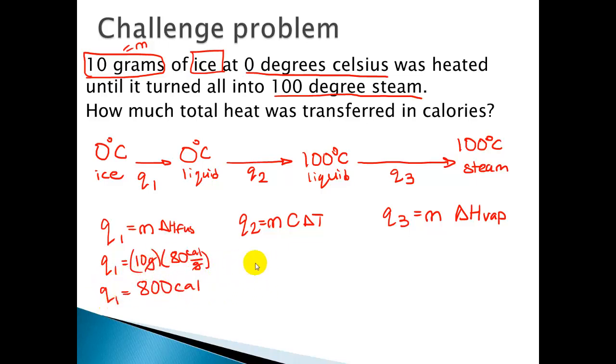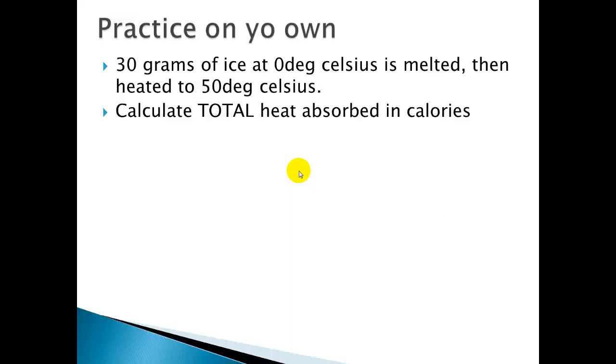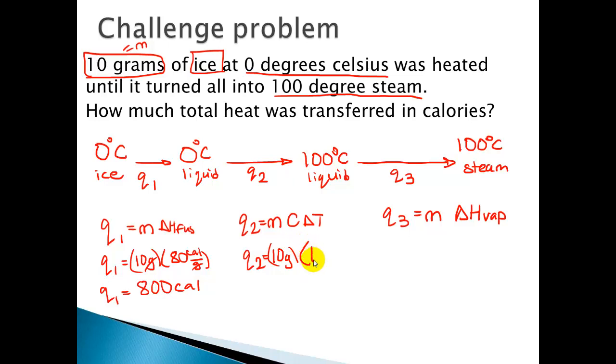We'll do the same thing with the second one, Q2. The mass remains the same, 10 grams. We're going to use the specific heat of water. Okay, looking at the specific heat of water, we're given that the specific heat of water is 1 calorie per gram degree Celsius. So place that right here. And what is the delta T?